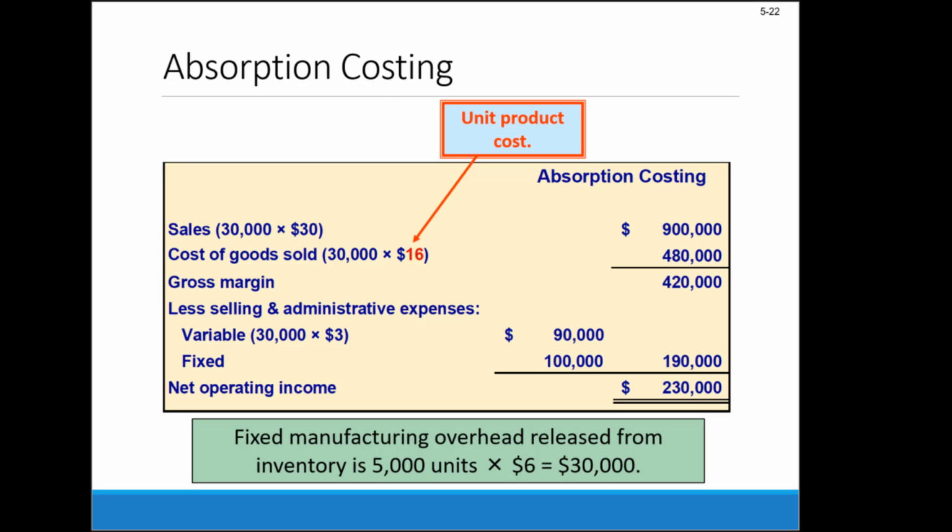Now under absorption costing here in year 2, sales again no different from variable costing, $900,000. The cost of goods sold, 30,000 units times that full $16 unit cost, again representing the full cost of production, leaves us with gross margin of $420,000. Then we'll take out the selling and admin expenses, and that leaves us with net income of $230,000.